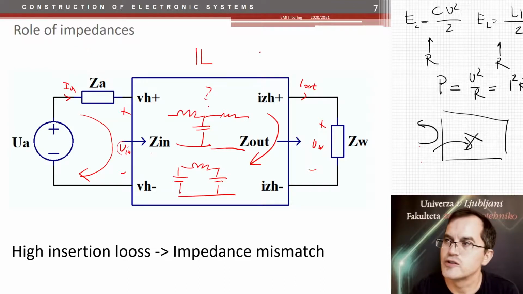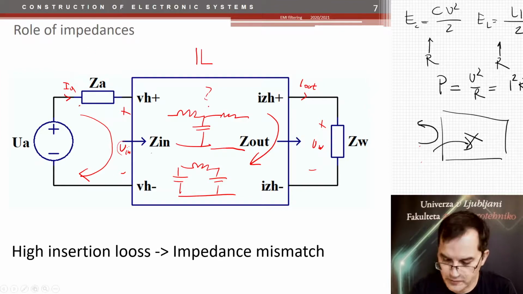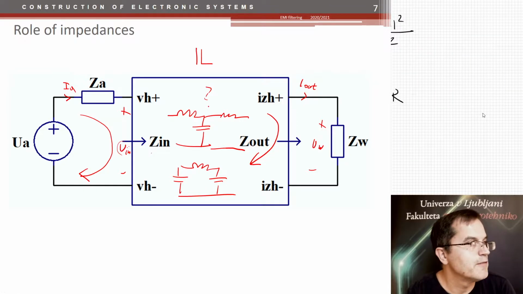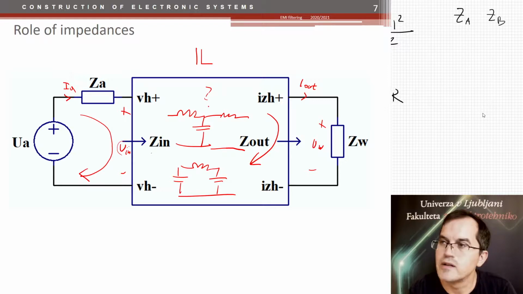So if I draw now a truth table here, I will try to emphasize that. So if the aggressor impedance is very large, so I will do something like that, ZA, ZB, then I will put Z input and Z output, like that.